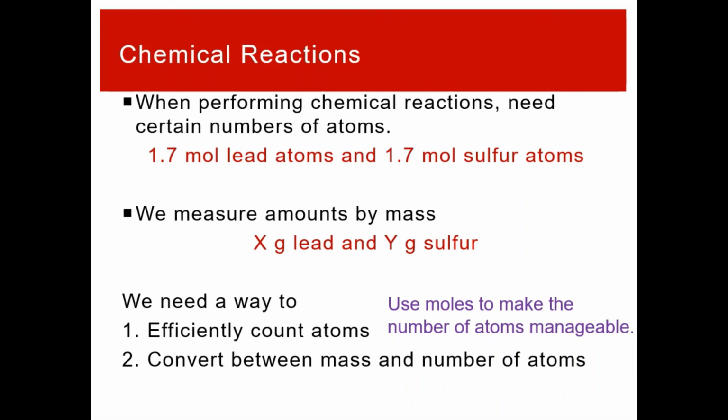That's probably a reasonable amount of lead that we'd be working with. So we're efficiently counting atoms, developing that sort of sense. But 10 to the 24th just feels big. It is a ton of atoms, but since atoms are so small, it's hard to know, is that a reasonable amount of atoms? Is it not a lot of atoms? But when we convert into moles, now we can wrap our head around that. 1.7 is at least a number that makes some sense to us.